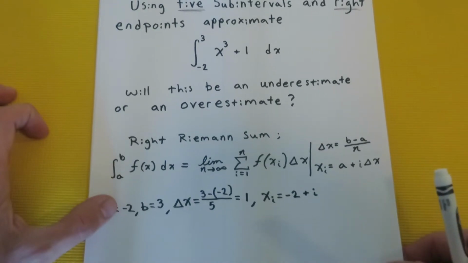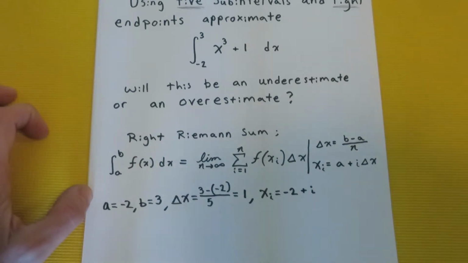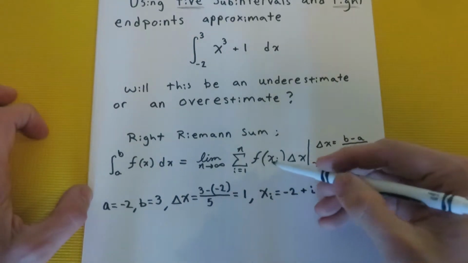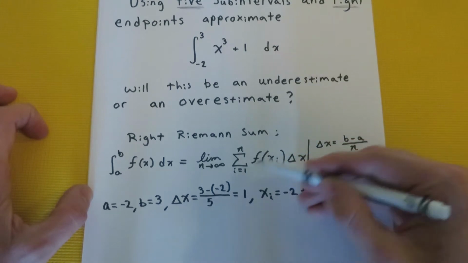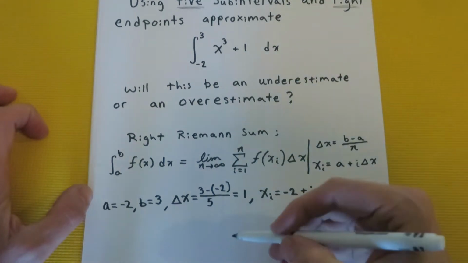And now we're ready to write our sigma form of our summation. So again, we're just going to pattern match here and just leave out the limit as n approaches infinity.